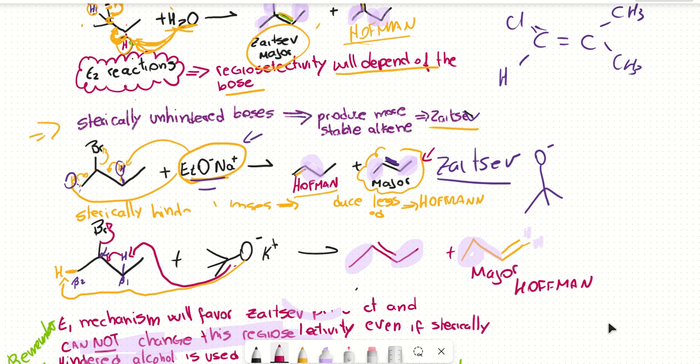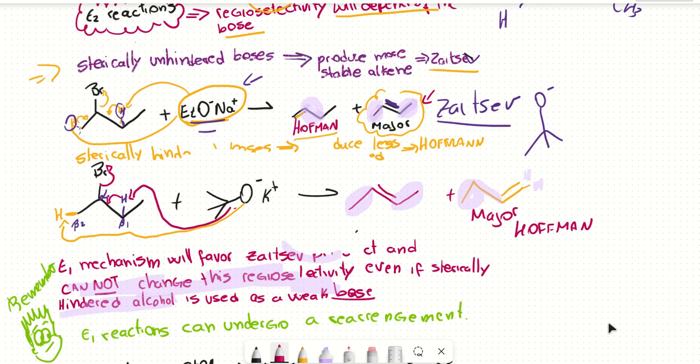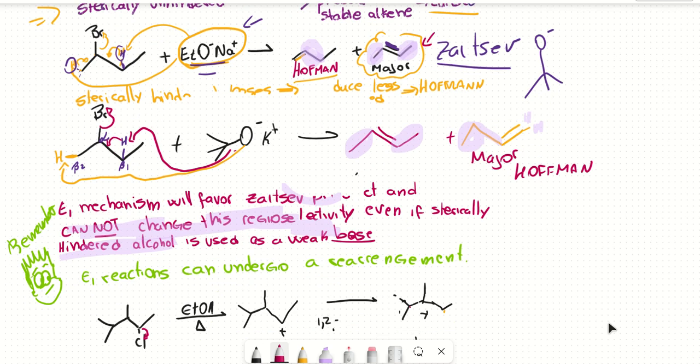So most of the time we have Zaitsev, but in this case we need a bulky base. Another thing to remember is that the E1 mechanism will favor Zaitsev. It doesn't matter what you do, because you cannot change this selectivity, even if a sterically hindered alcohol is used as a weak base, because we have a carbocation over here. Also, E1 reactions can undergo rearrangement.